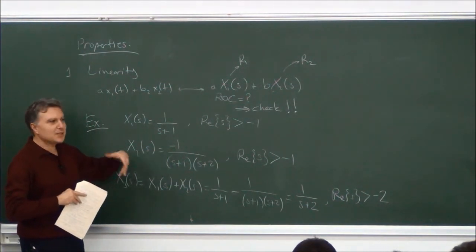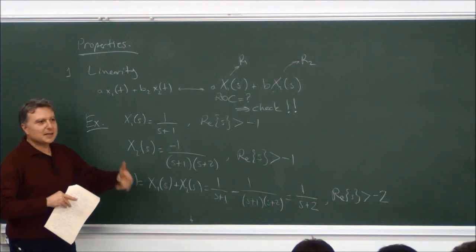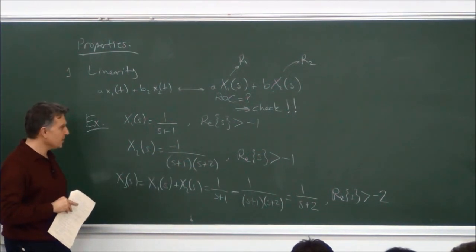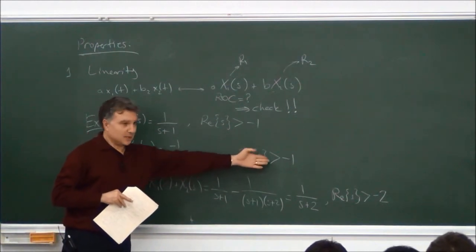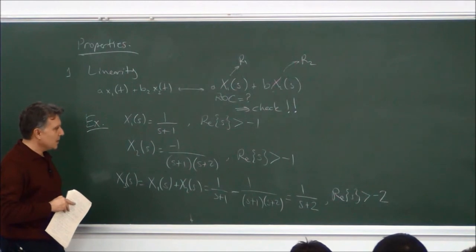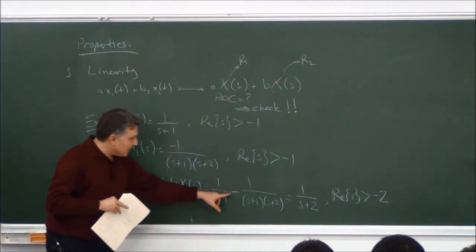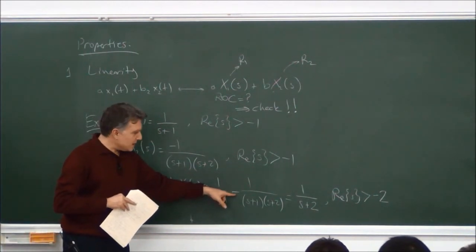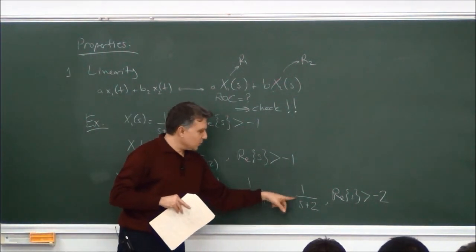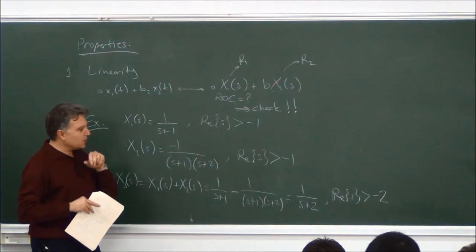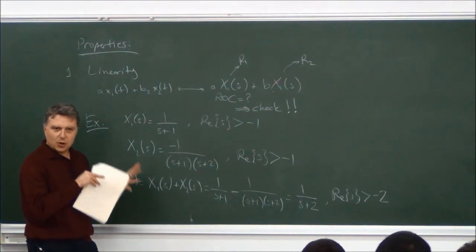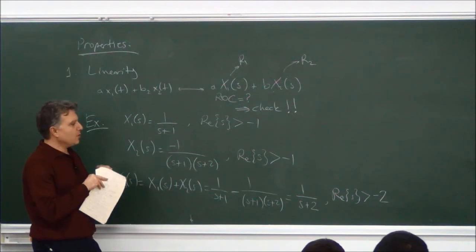This -1 is just a scale. It's a negative filter, in other words. That's also possible. And the real region of convergence is still greater than -1. Real part of S greater than -1. But when you combine them, then it will be -1, and hopefully, I didn't check that, the result is 1 over S plus 2, and real part of S greater than -2 will be the current region of convergence.